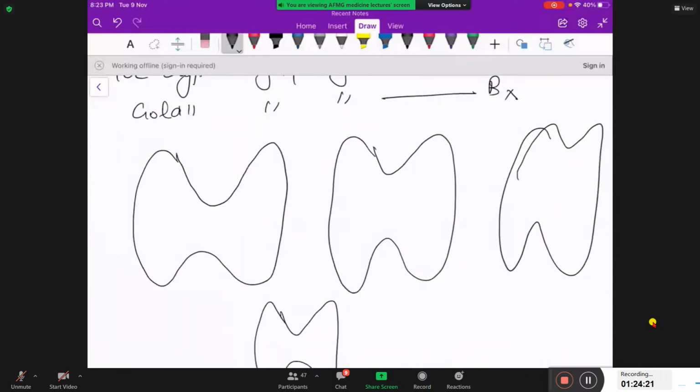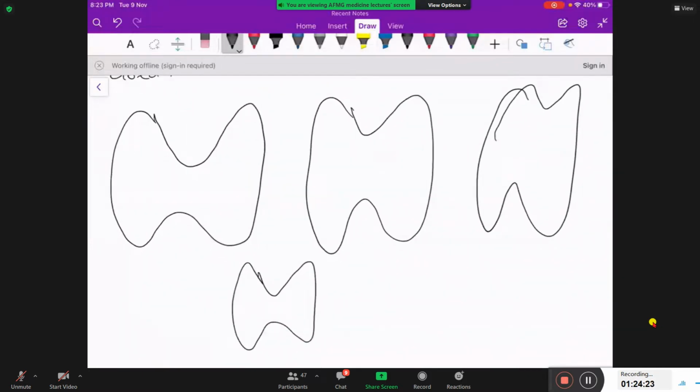Right now, if I do this, what will this be? Total thyroidectomy. So when you remove both the lobes with isthmus, it is called total.